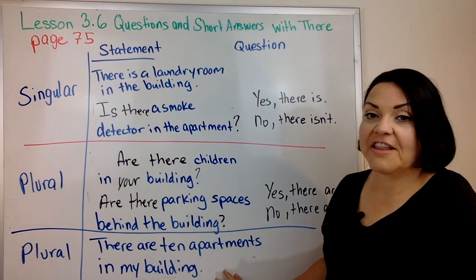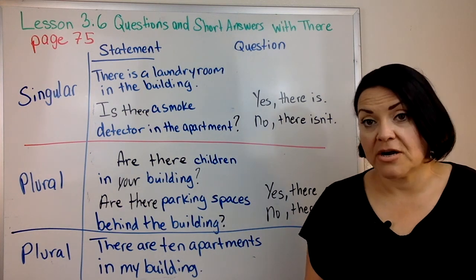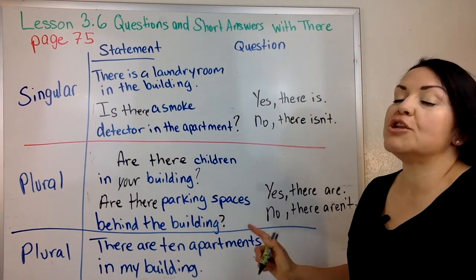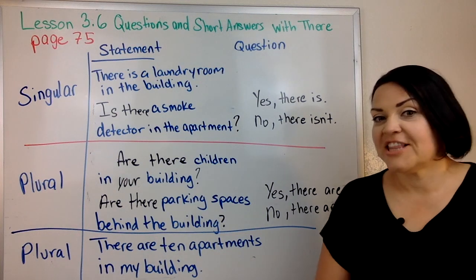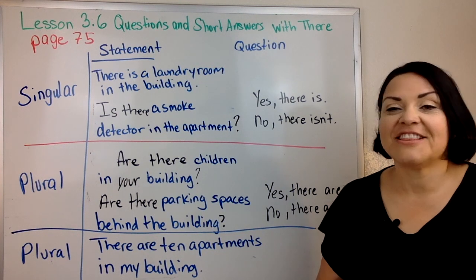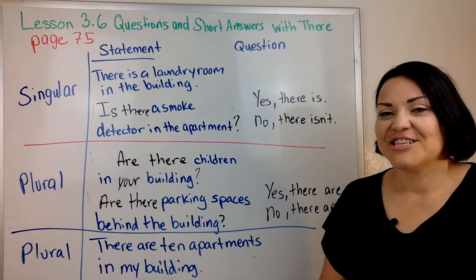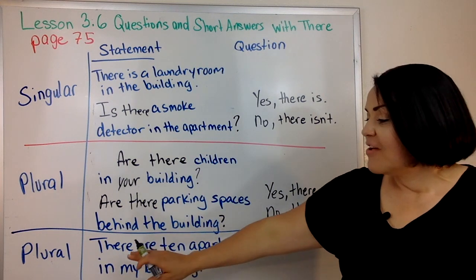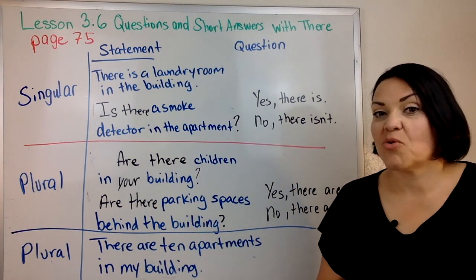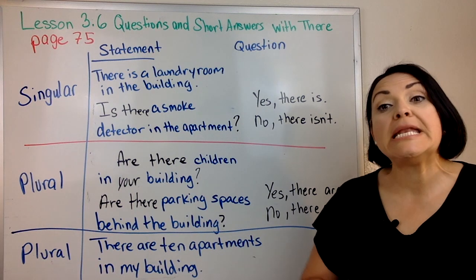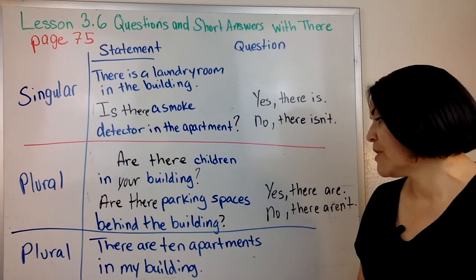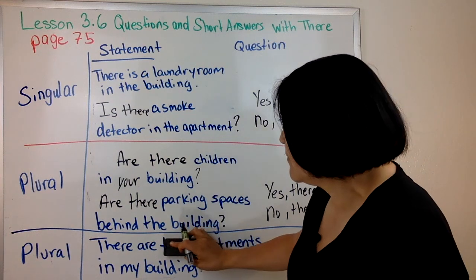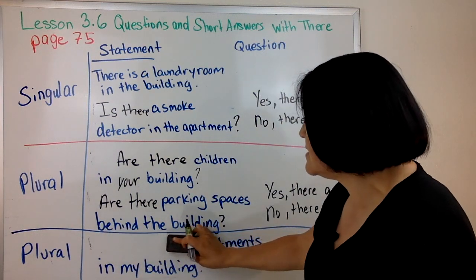Okay, now this is asking for a number. So yes and no is not the question, not the same answer you will get. So we need to change this into a question asking for a number. Okay, so we'll erase this.